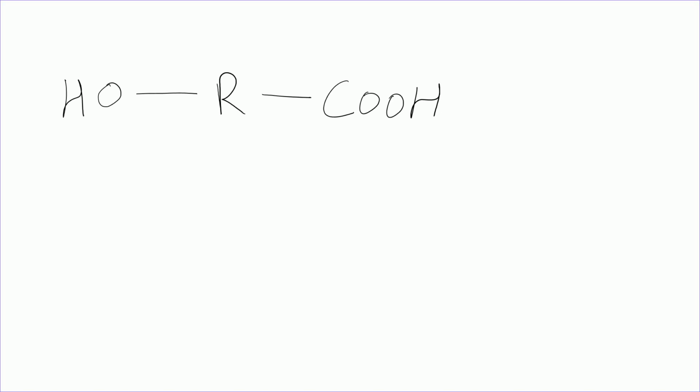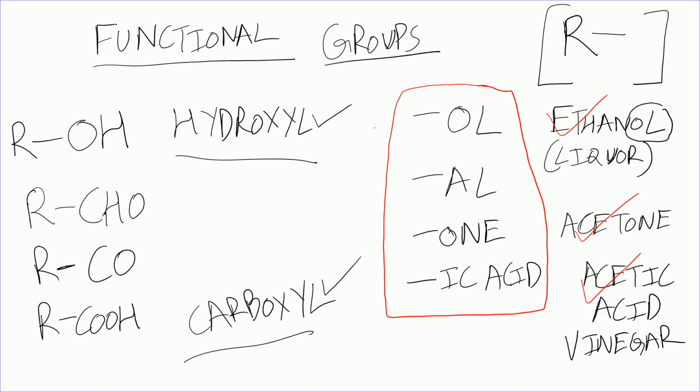Remember, carbon has a valency of 4, which means it can form 4 bonds. Instead of forming those bonds with H, it can form these bonds with 2 functional groups. And again, the reason I'm stressing this is because a similar combination exists.